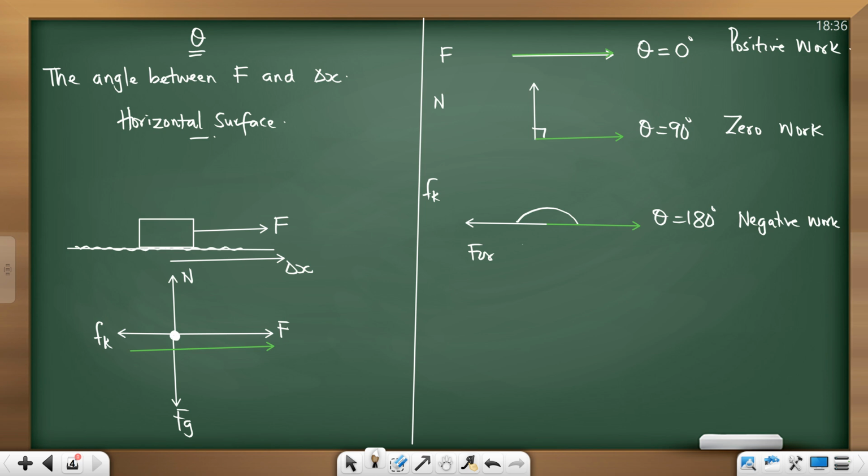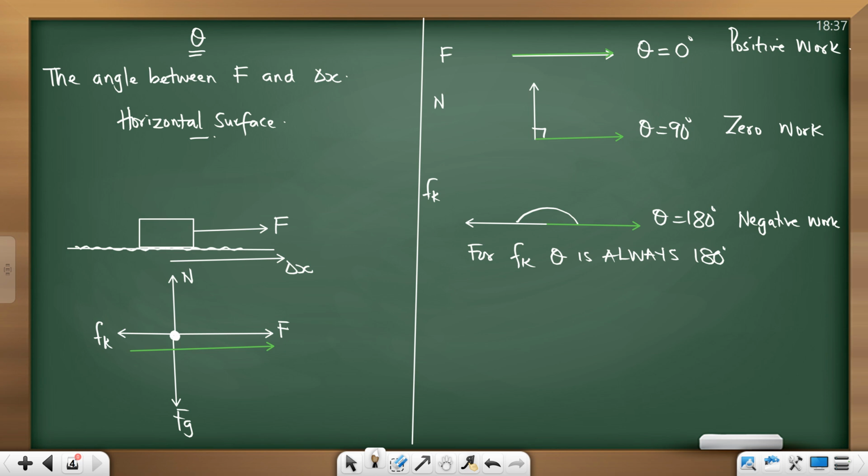For friction, theta is always 180 degrees. It will never be 0. It would never be less than 180. Why? It opposes the direction of motion. So it is always what? 180. And that's going to be your guide when you draw a free body diagram. Theta is always what? 180.